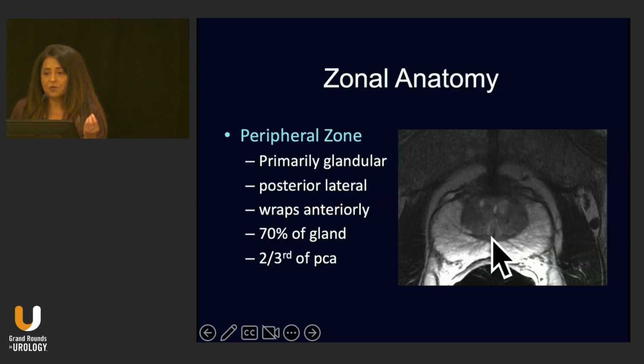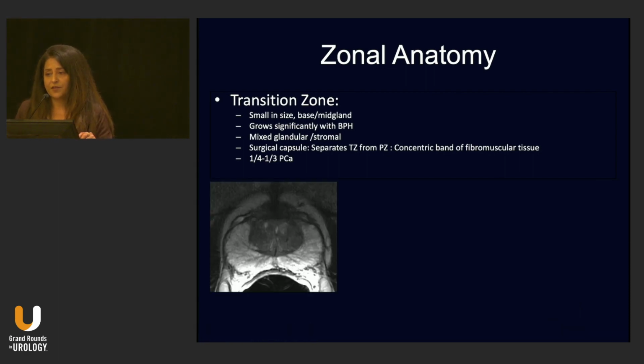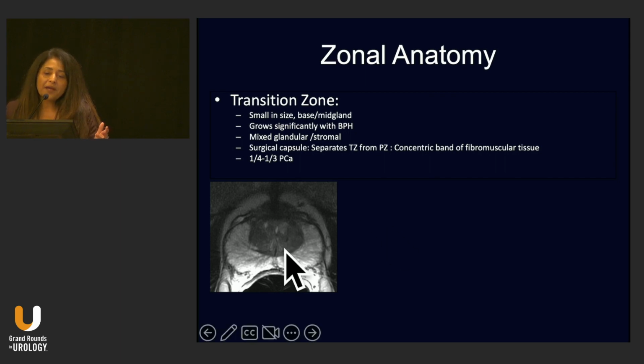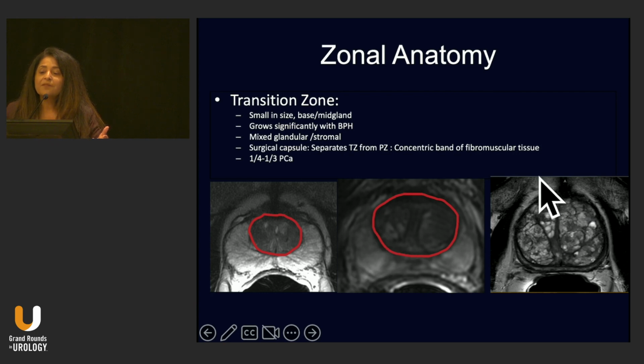That's where the majority of the cancers occur, and it's easier to see. And this is mostly glandular, and that's why it's bright on T2-weighted images. And transition zone has a lot of gray zones, unfortunately, still for us. It's a problematic area. When it's this size, it's no problem, but as transition zone enlarges, which is where we mostly do prostate MRI, it can become quite problematic.